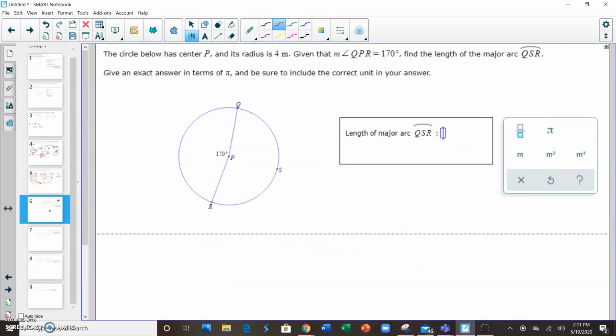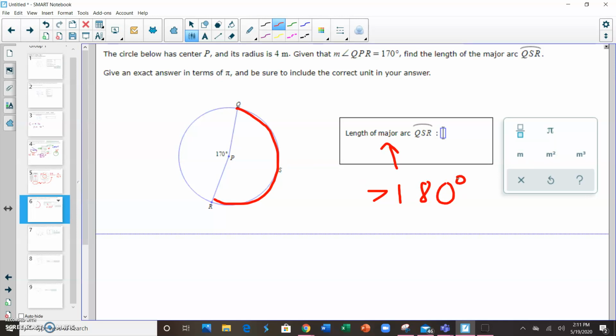Okay, moving on. It says, what is the length of major arc QSR? Okay, so QSR. That is a major arc. How do we know that's a major arc? Because it's greater than 180 degrees.